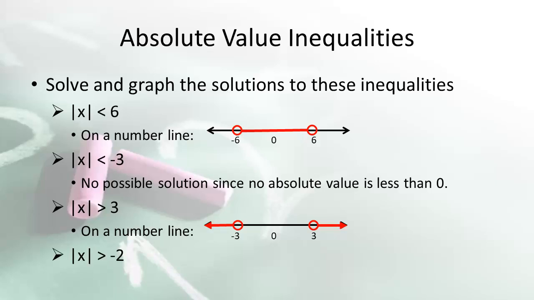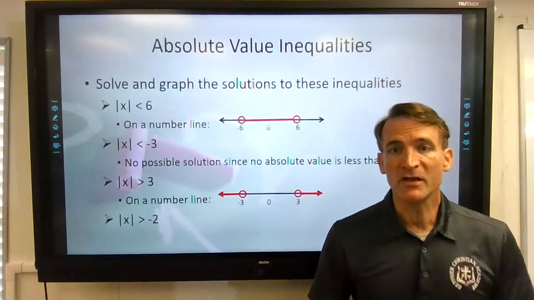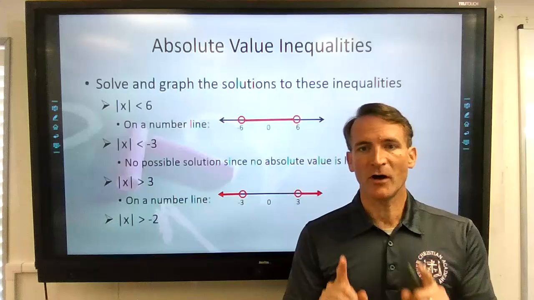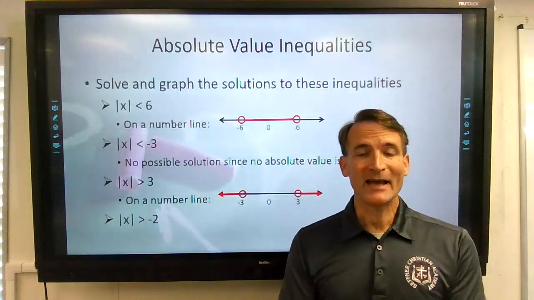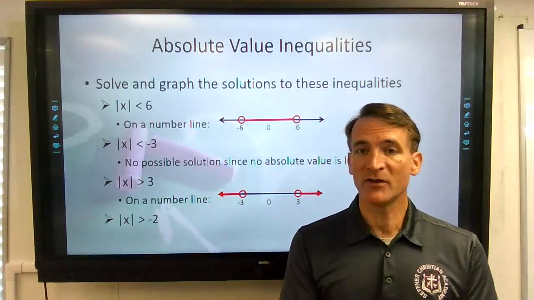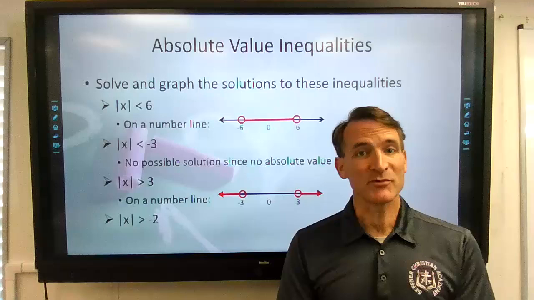Let's just try one more here before we get to some more complicated ones. Here I've got the absolute value of x is greater than -2. Now, many of you probably initially thought, whoa, we've got another negative here. But can I have an absolute value that's greater than a negative? You absolutely can.